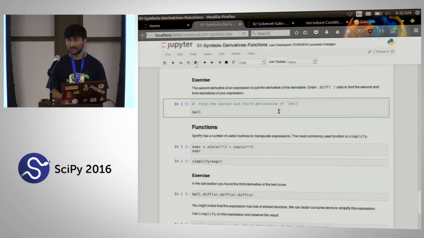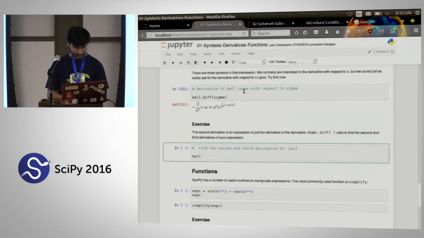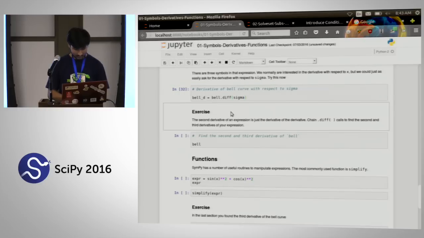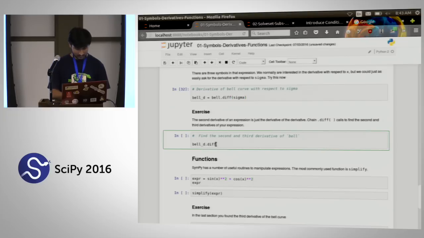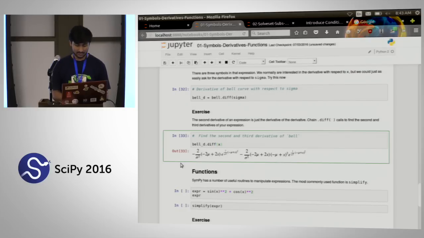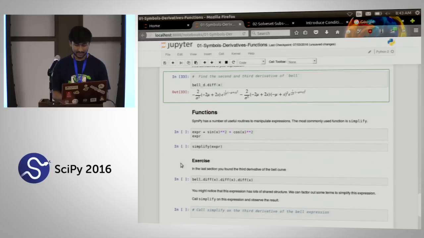You can find the double derivative by differentiating the previous result. This is the double derivative. And of course, you can see that there are a lot of common terms here, so you can simplify this as well. There's a function called simplify in SymPy, which you can use to simplify the result.